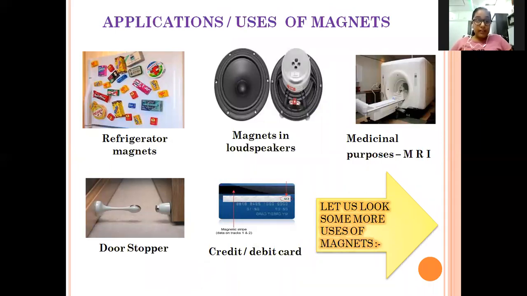Now we will see the applications or uses of magnets in our daily life. So, what are the places where magnets are used in our life? The places are refrigerator magnets, magnets in loudspeakers or entertainment, medicinal purposes like MRI, door stoppers, credit and debit cards, and now let us look at some more uses of magnets.